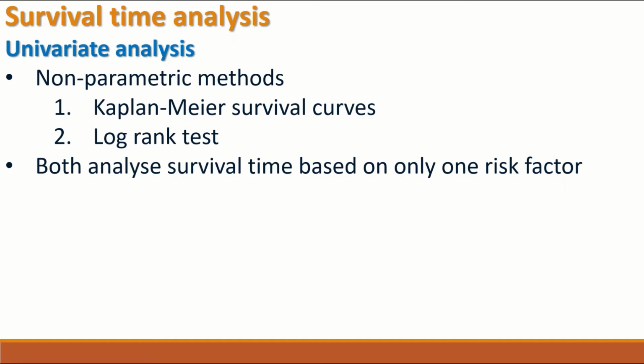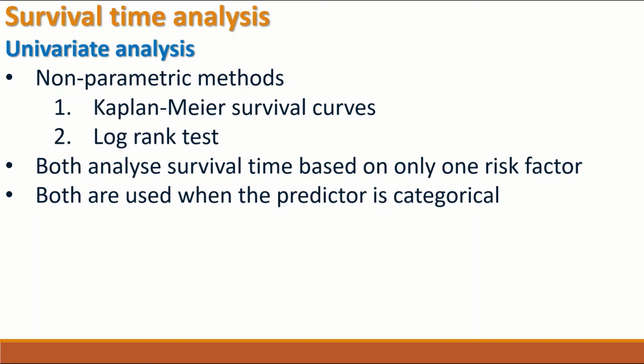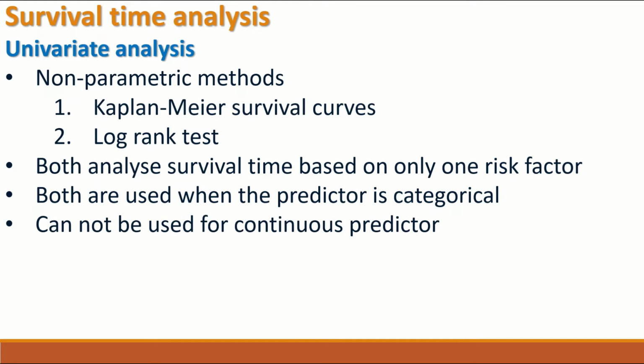Those two methods are univariate analysis, which means that both analyze survival time based on only one risk factor, and both are used when the predictor or the independent variable is categorical. Thus, they cannot be used for a continuous predictor such as age, height, weight. However, they can be used for a predictor that is categorical such as gender.